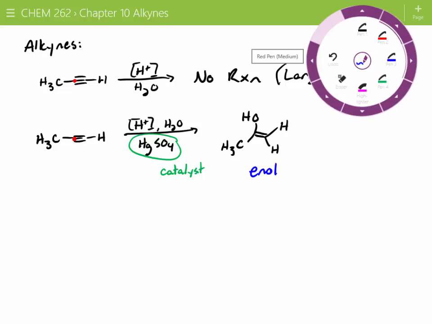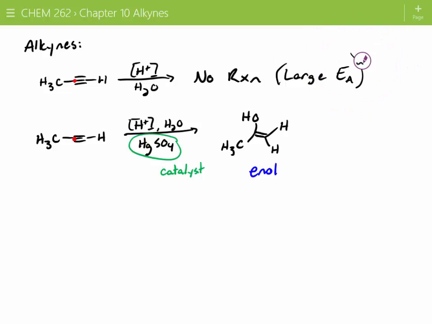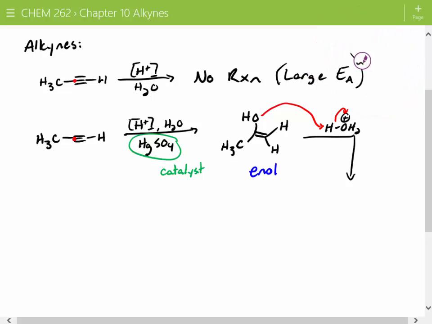So if we have more of our acid around, this acid can protonate our alcohol and let's work through the whole mechanism for this.